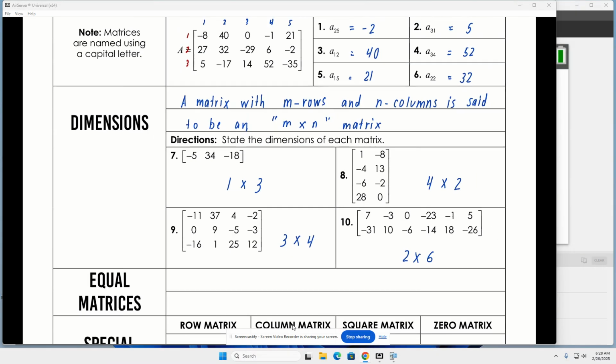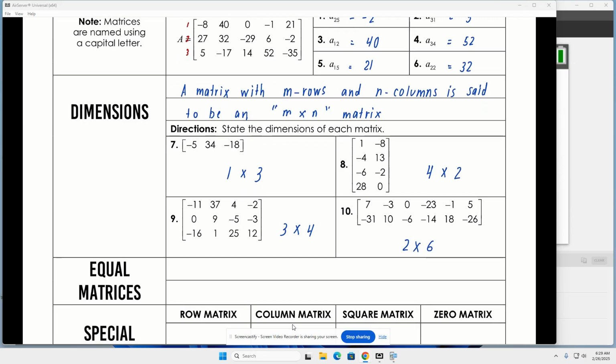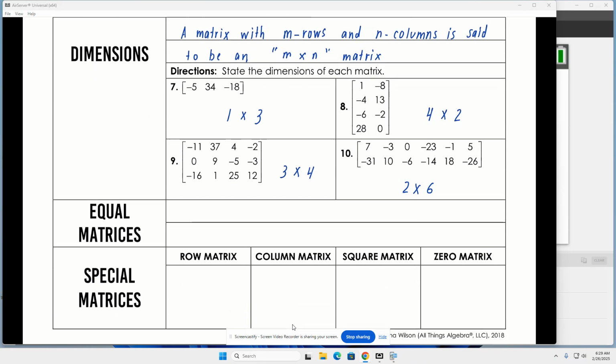So when we describe the size of a matrix, we're always going to go rows by columns, okay? Now that's going to come in important here as we move into tomorrow or Friday, depending on when we get there. When we talk about multiplying matrices, it's very important to know the dimensions and understand how those dimensions work.